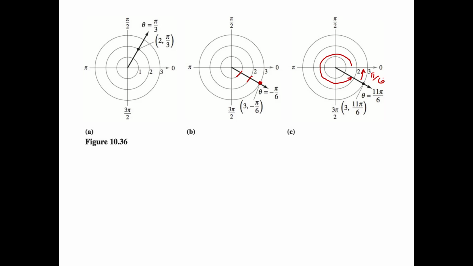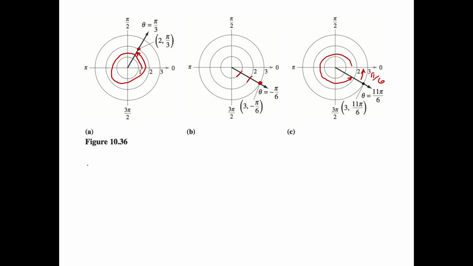So there's more than one way to describe a point. So for example, on this first point, where your radius is 2 and your angle is pi over 3, then we could, instead of rotating only pi over 3, have continued to rotate another 2 pi and then the pi over 3, and then walked out 2 units along, and I would still be at the same point.